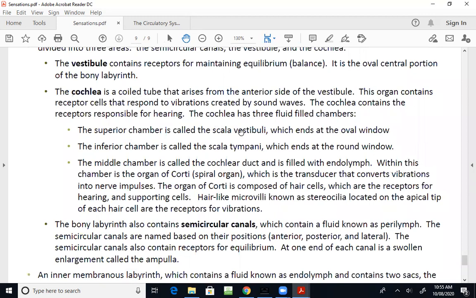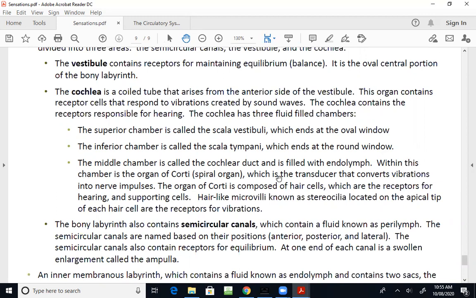Superior chamber is the scala vestibuli, which ends at that oval window we talked about on the previous page. Inferior chamber is the scala tympani, ending at the round window. And then the middle chamber is really the most important area, because that's the cochlear duct filled with a fluid called endolymph, where the organ of Corti or spiral organ is located.